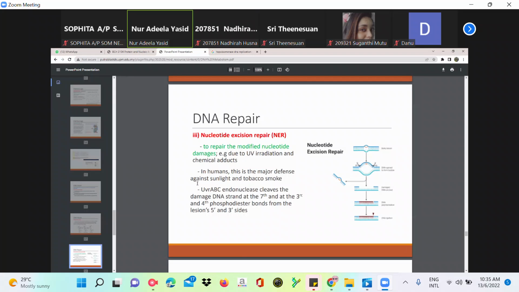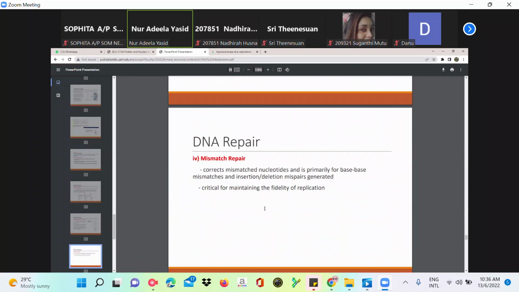So it repairs the nucleotide. Another one is mismatch repair. It helps to correct mismatched nucleotides, primarily base mismatches and insertion-deletion mismatches generated during replication. All of these are very important to maintain the fidelity of replication.